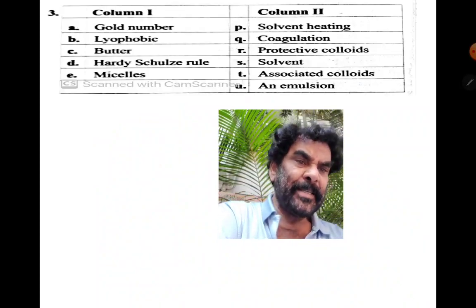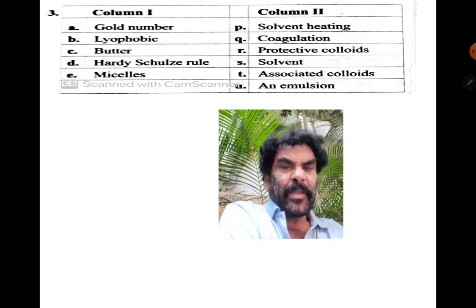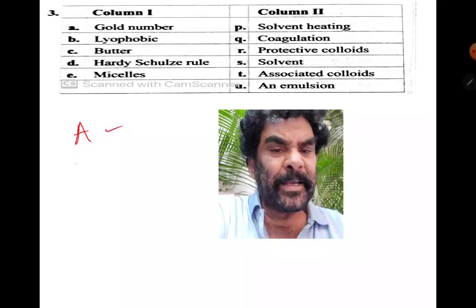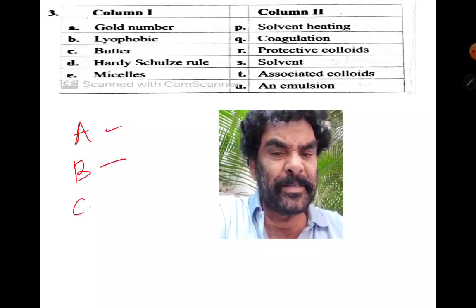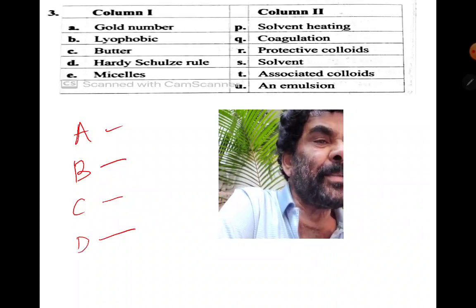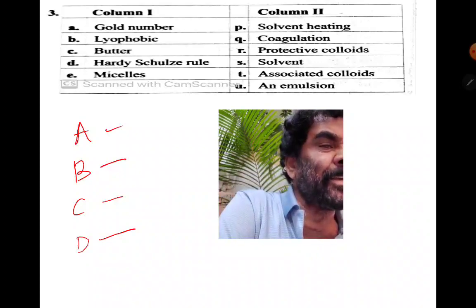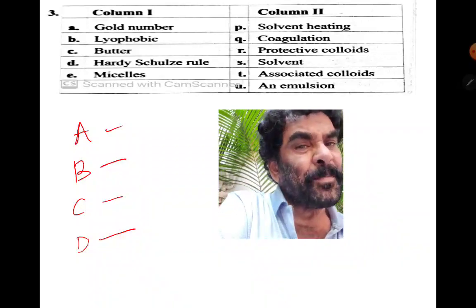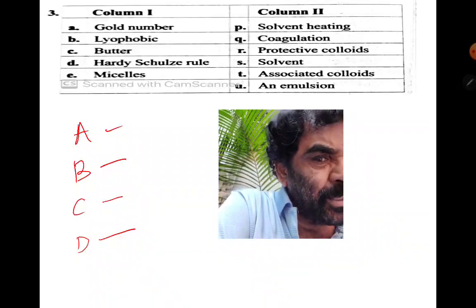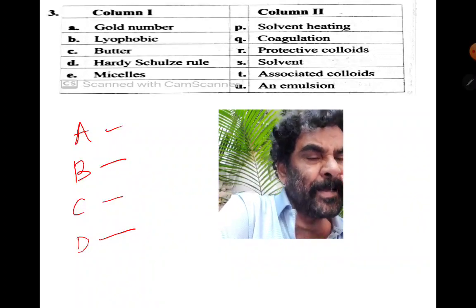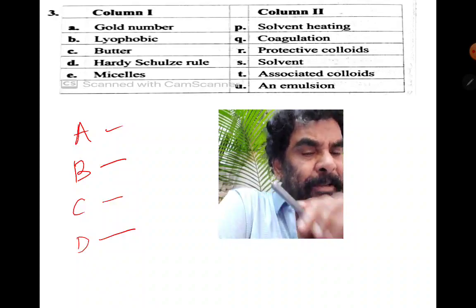Now the third one is gold number. Let me write A, B, C, D again. Gold number, solvent, heating, coagulation. Protective colloids are added to lyophobic colloids to increase their stability.